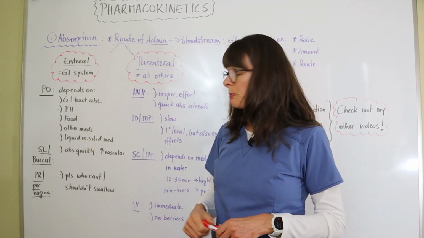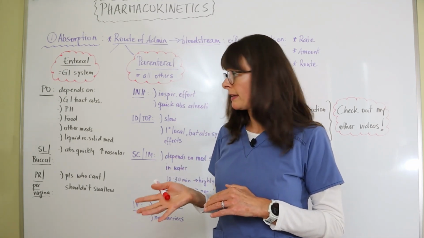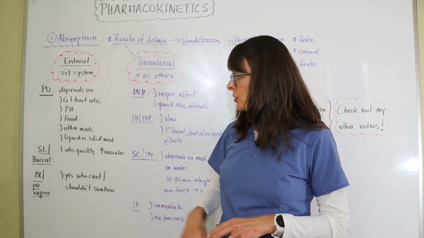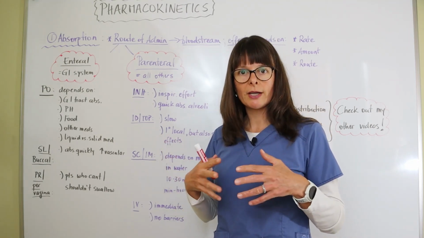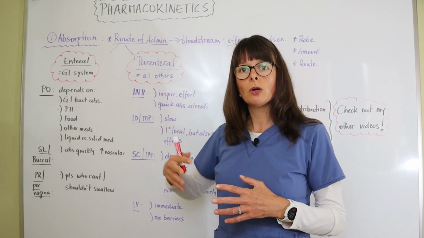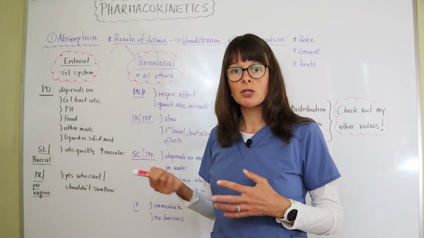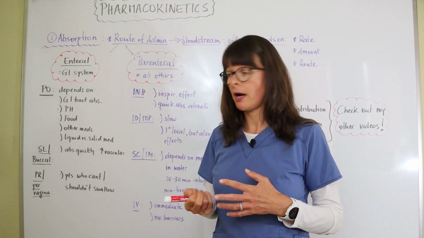The food that's present, that's why some medications are taken with food and some are better taken without food. Other medications, because some might interact with each other in the stomach and they might not permit the second medication to be absorbed as much as we would like it to be available in the body.